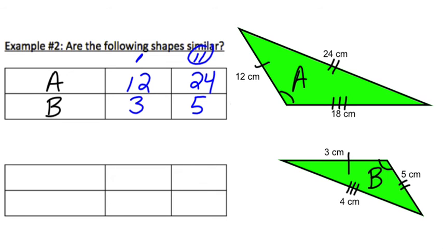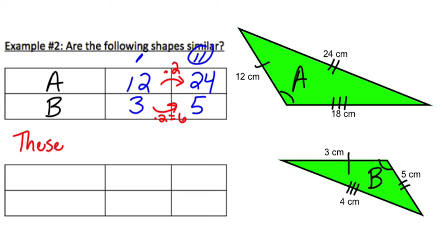So right away, I noticed that 12 times 2 is 24, but if I were to do 3 times 2, I would get 6, not 5. So that right there tells me that this is not proportional, which means these figures are not similar.